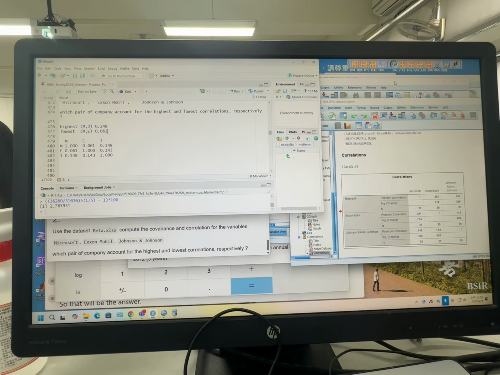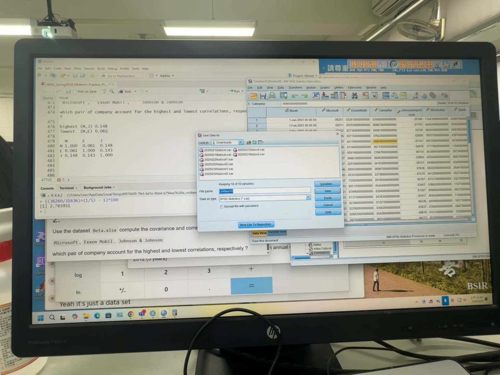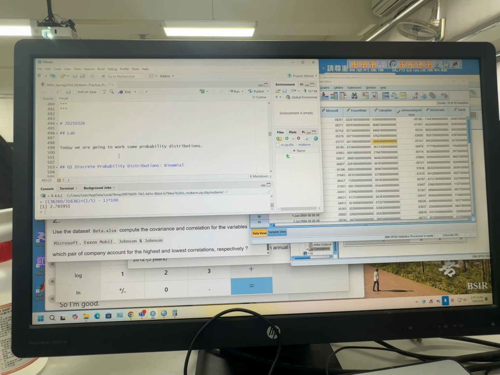Alright, so let me save the file. It's just a data set, so you have to run the file on your side. Okay. And the rest of them are probability, then we can try them as well. This is all doable.